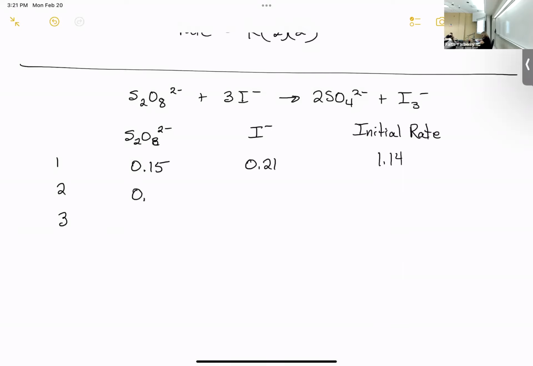Then we have 0.22, 0.21, and 1.70. And then finally, we have 0.22, 0.12, and 0.98. Determine the order with respect to the S2O8 and the order with respect to I minus, and write the overall rate law.